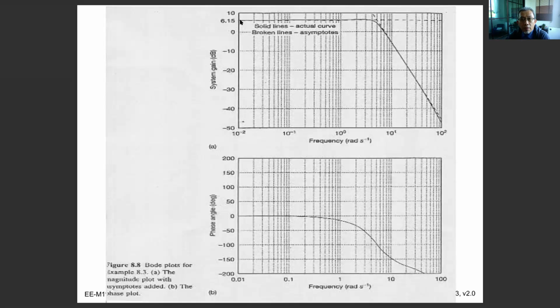If we plot it, this is 10 to the power of 0, 1, 2, 3, 4, and 5. When we go up, the cutoff is here, where the omega n value occurred, at 5 radian per second.